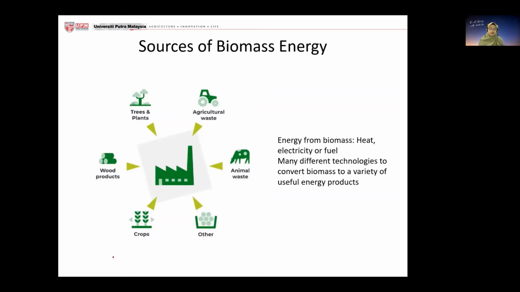So crops that are purposely planted in order to produce energy. So you have animal waste, you can have crops. Just now I was talking about energy crops. You can have wood products, food waste, and many other types of biomass as well.